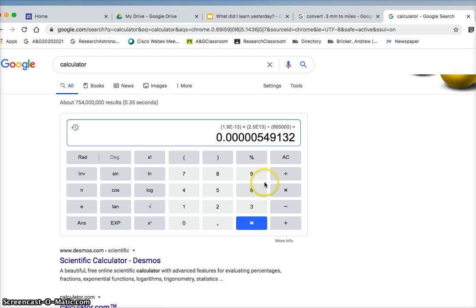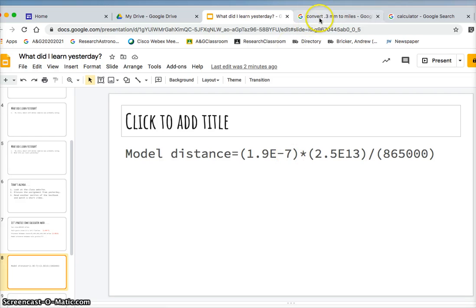And that's not the number we got yesterday. And I know why. Automatically I saw that this number looks weird. Let's back that up. I see what I did wrong. See this e negative 13 right here? That was supposed to be e negative 7.